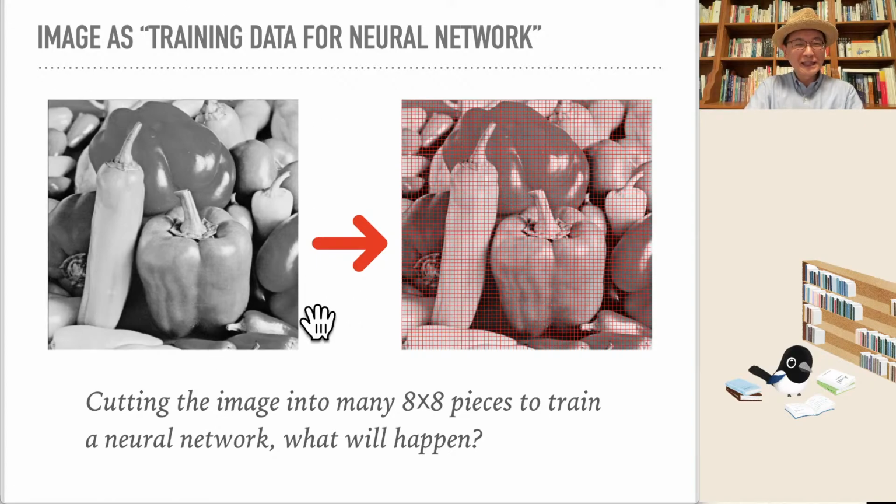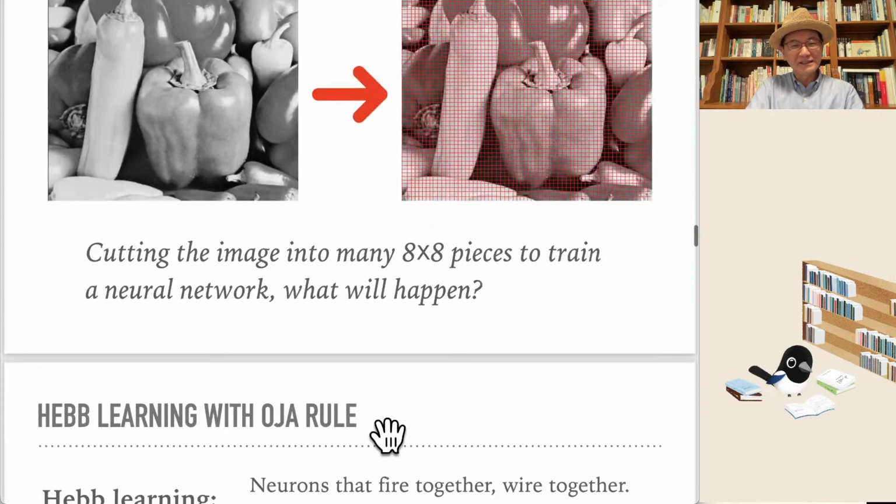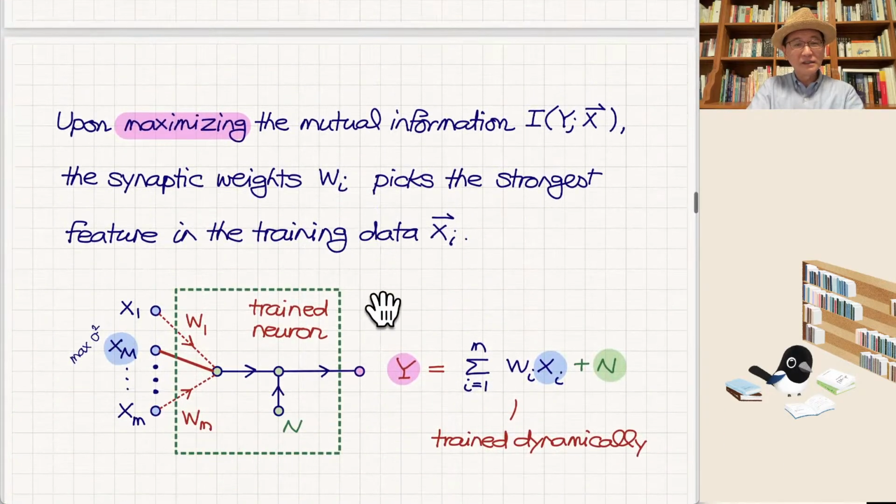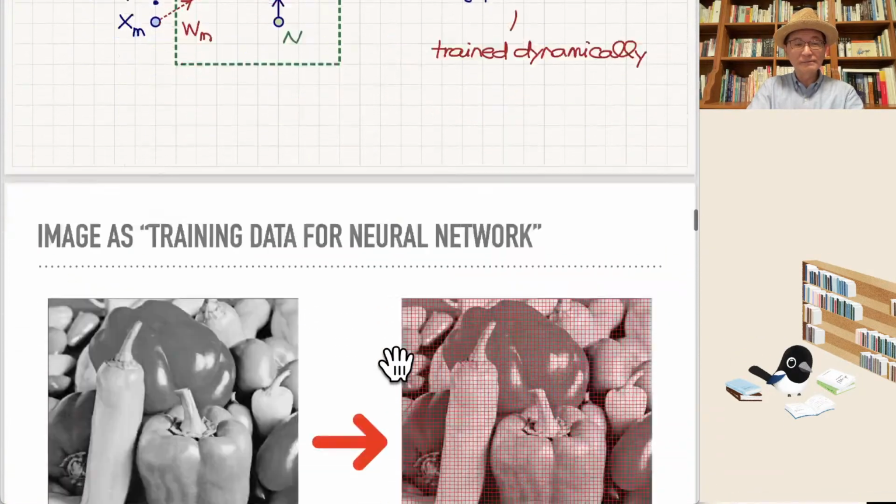Because once you cut it this way, you obtain lots of 64-dimensional vectors, x1, x2 to x64 as input. And so to draw everything simply, I just skip this very complicated single neuron with processing noise, write the output, and then just link them up. Okay, so this is a shorthand notation of this sort of connection.